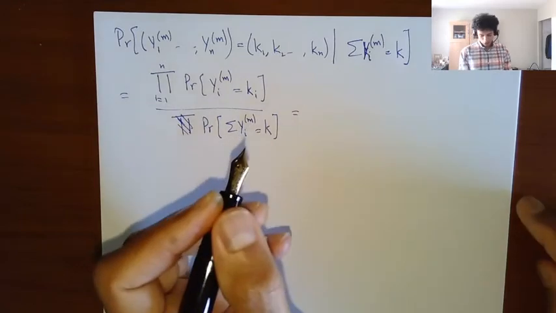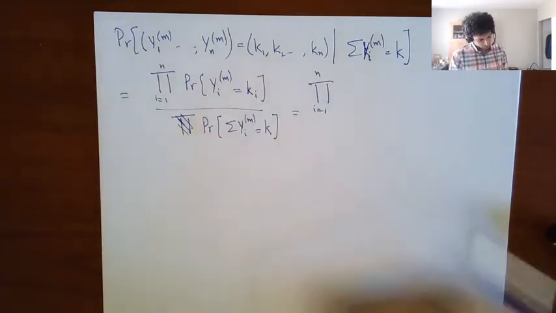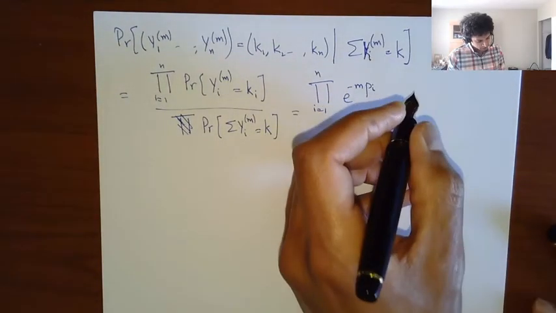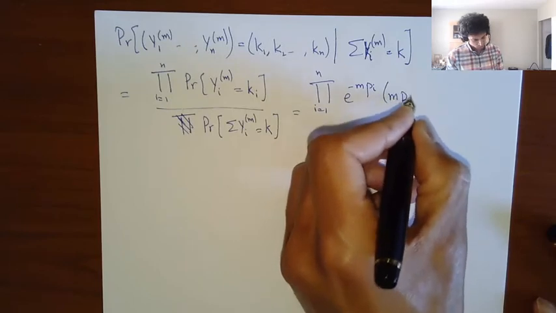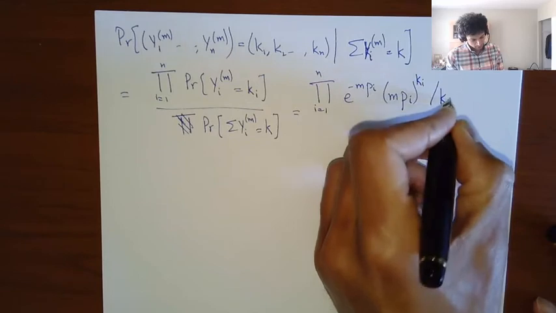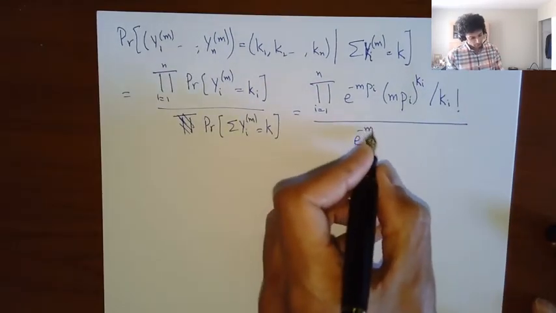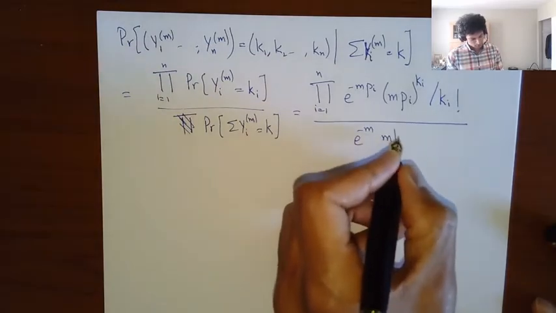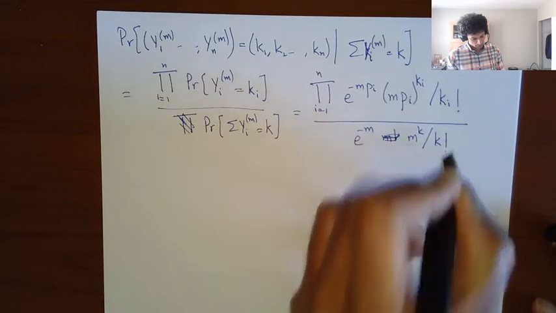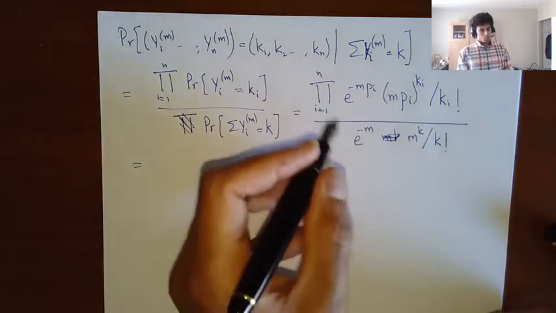Now I just plug in all the various formulas. In the numerator I get, i going from 1 to n, e to the minus m pi, m pi to the power ki divided by ki factorial. And in the denominator I get e to the minus m, m to the power k divided by k factorial. Now move everything around.